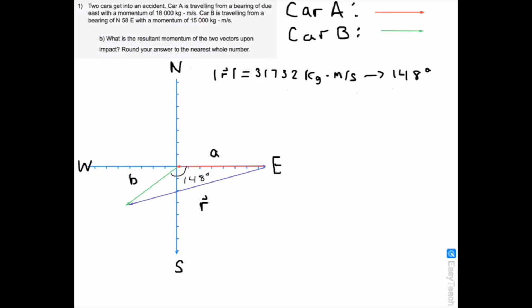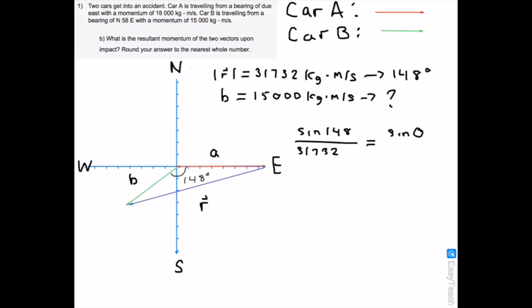So we're going to do that by applying sine law this time, where we're going to use the magnitude of a resultant vector and its corresponding angle, and we are going to solve for the angle correspondent to B, and that is because that will be the direction of the vector, and I'll explain why in just a second. So here I'm just plugging my values into sine law.